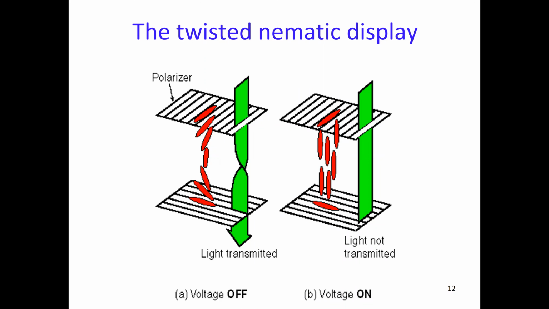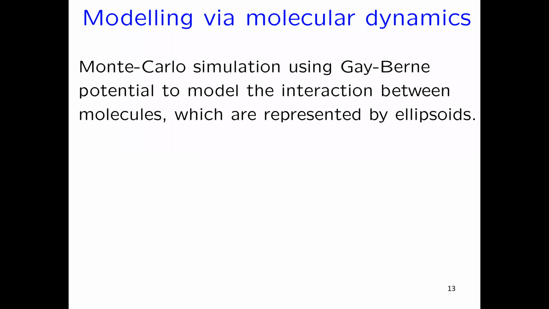Okay, now I'm going to show you a simulation of this later, which is not as clean as this sort of picture. So how would one go about modeling these liquid crystals? One natural thing to do, which I'm not at all an expert in, would be to use molecular dynamics. So for example, you can do a Monte Carlo simulation using an interaction potential between two liquid crystal molecules.